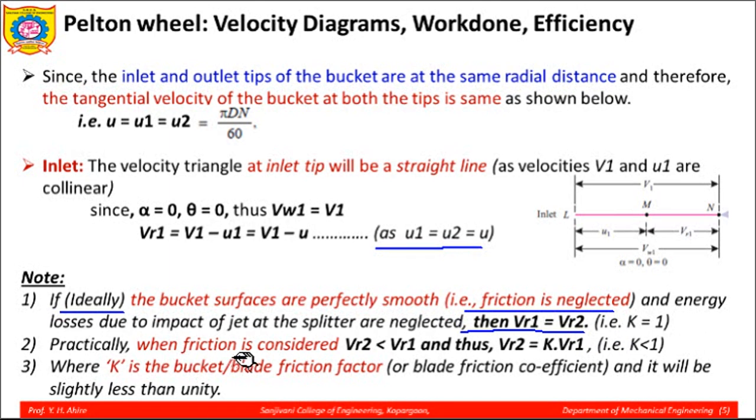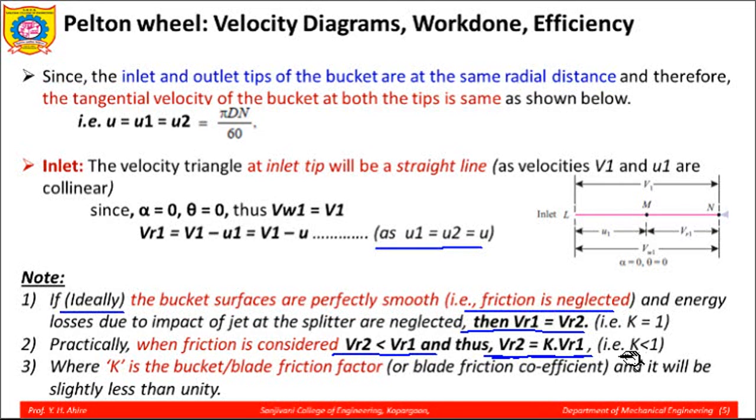Practically, when the friction is considered, and it will always be there, then VR2 is always less than VR1. The relative velocity at outlet is always less than VR1, since some energy is required in overcoming the friction. So VR2 is defined as equal to K factor into VR1.